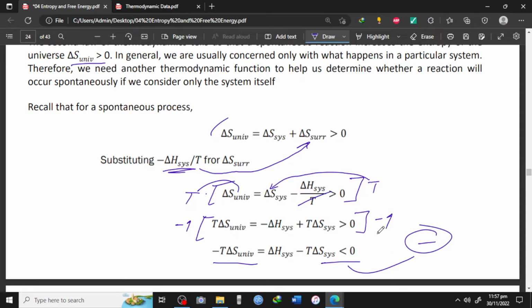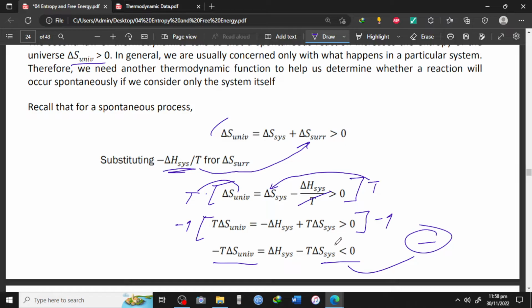So, kabaliktaran ng entropy. Kasi from entropy, students, 'di ba? Para masabi nating spontaneous yung isang process, dapat positive si delta S universe. Ngayon, for this particular equation na dinerive ng mga scientists, ang naging condition natin is para masabi nating spontaneous yung isang process, dapat less than 0 siya or negative yung value niya.